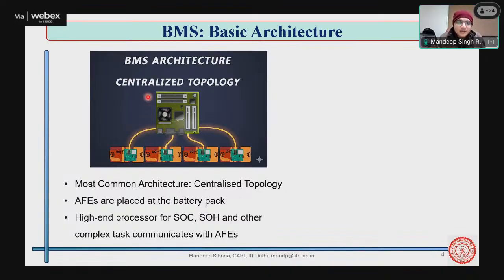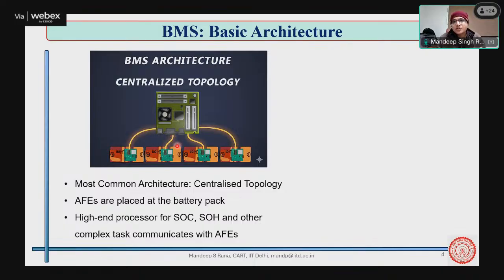This unit has a very dedicated task, more like the brain. But it needs smaller units which sit right at the battery pack, and they monitor a lot of data there, and that data is transferred to this centralized unit, where all the processing happens.